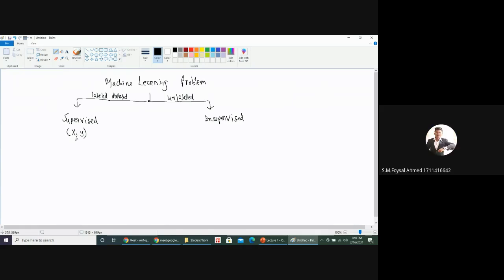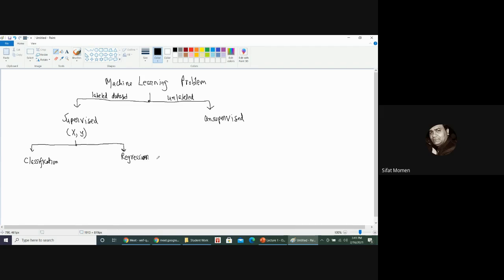Now depending on the data set, this is either a classification problem or a regression problem. Is that okay? All right. So what are classification and regression? We're coming to that.